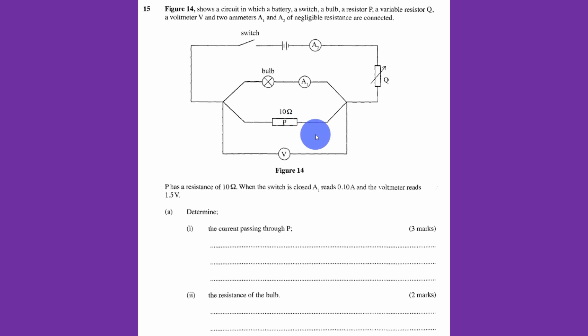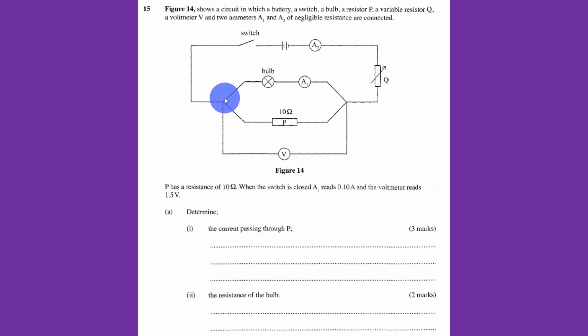So we should know that the voltage across here is the same as the voltage across here, and across the bulb, or across this particular part here, because they are in parallel connection. We've been told that the ammeter has negligible resistance, so it doesn't contribute any resistance to the circuit.